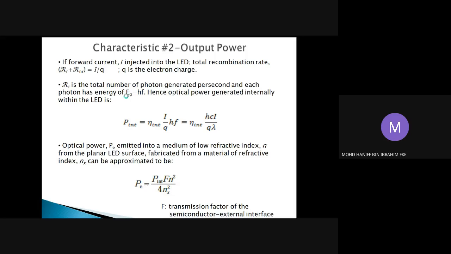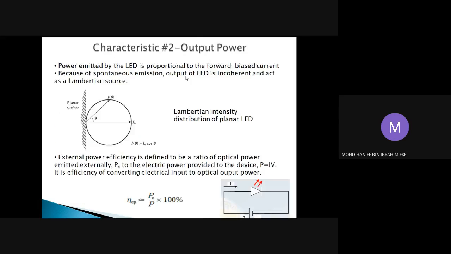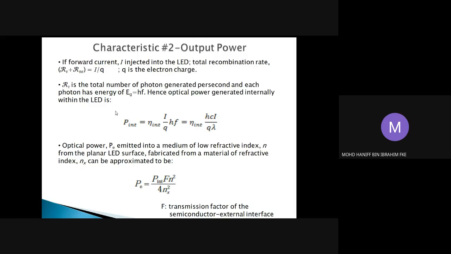From what we have learned before, from the equation which relates the internal quantum efficiency with the radiative and non-radiative recombination rates, we can calculate the optical power generated inside the LED, the P internal.